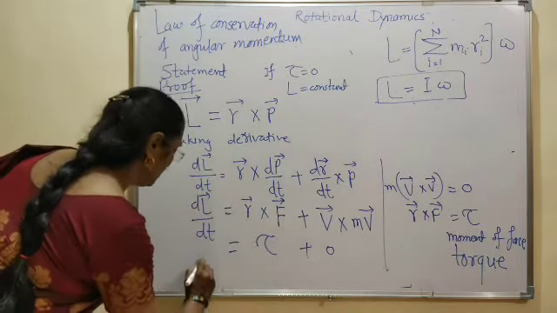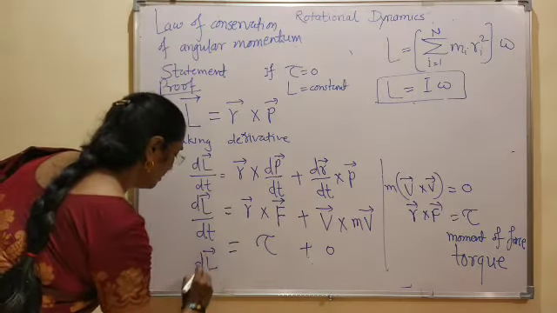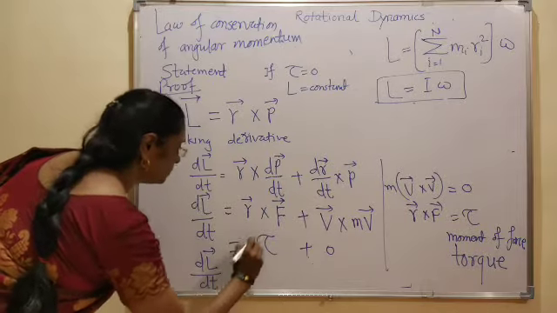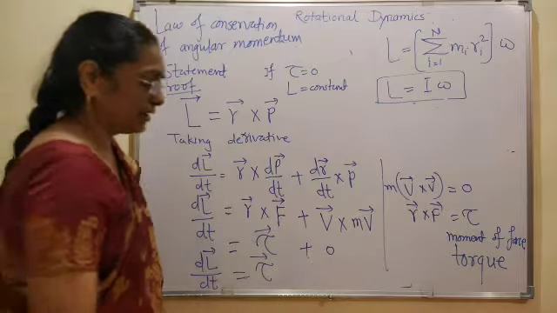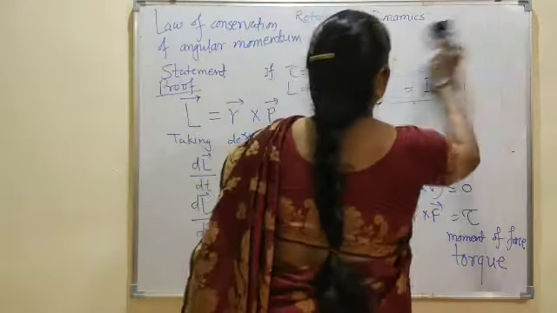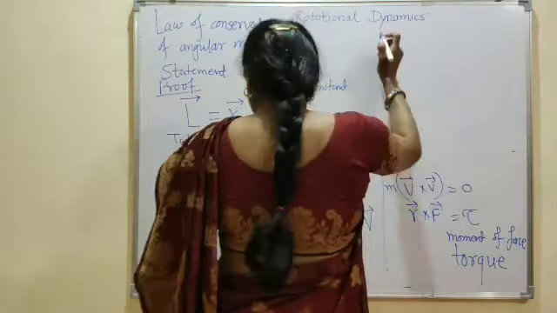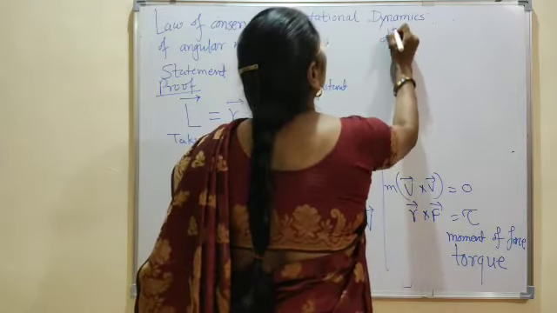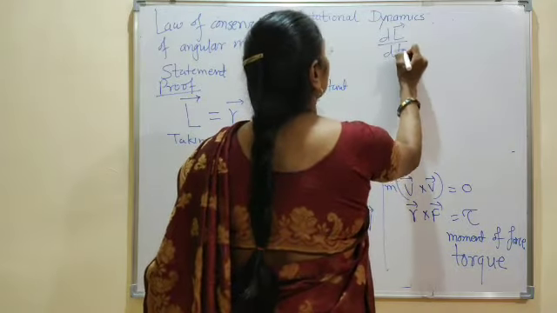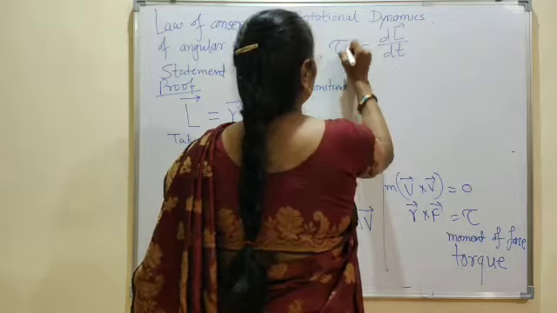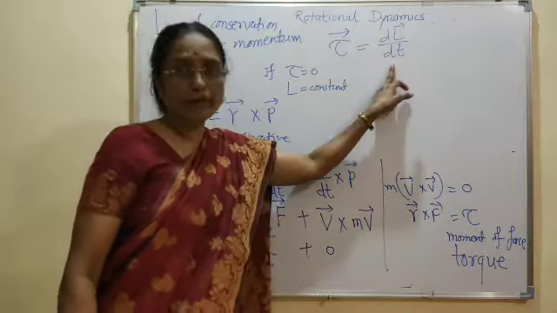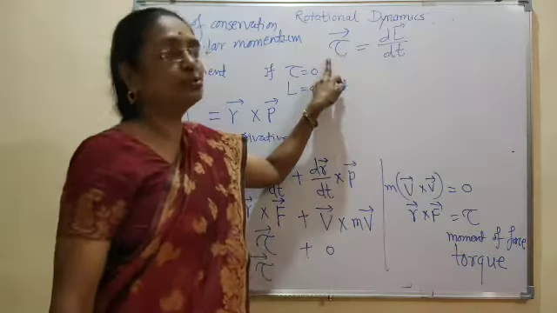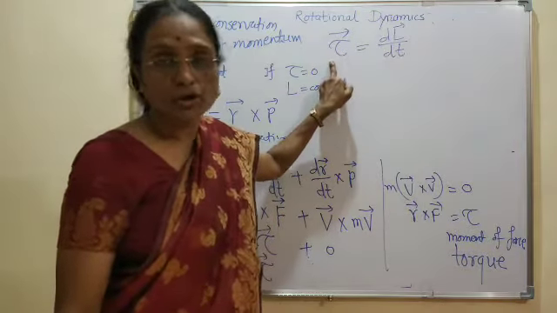dL by dt is equal to vector tau. I can write the relation here: dL by dt is equal to vector tau. This rate of change of angular momentum is equal to the moment of force or torque.